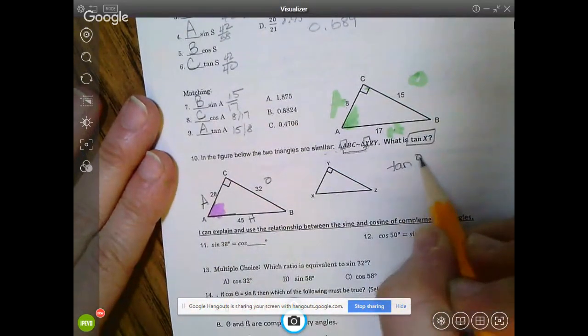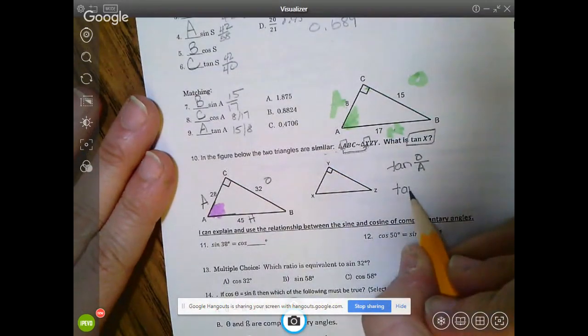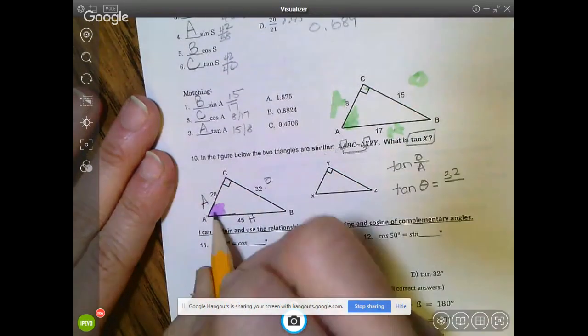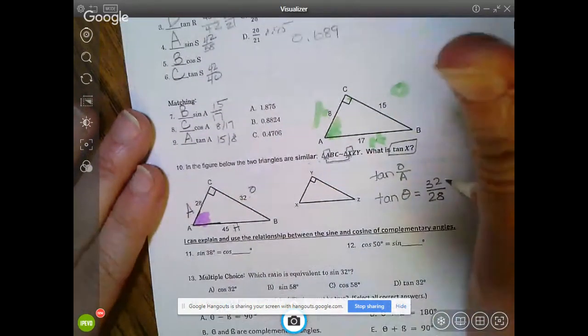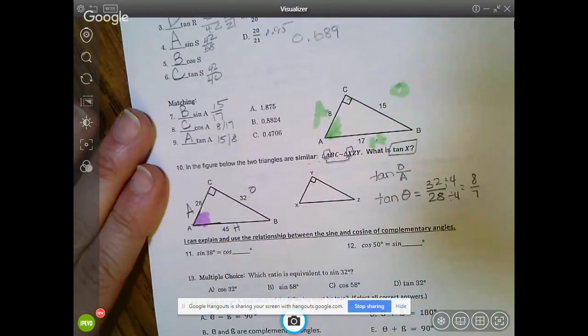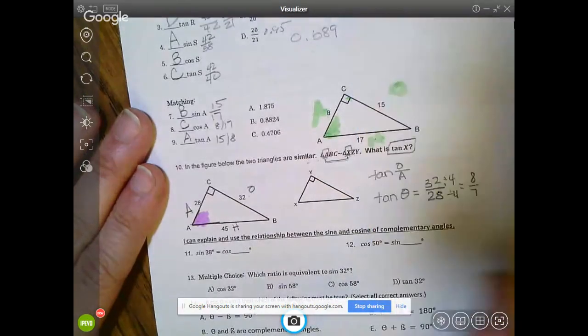Tan is opposite over adjacent. So I know that tan of theta, or tan X, equals my opposite, 32, over my adjacent, 28. You can't really leave it like that. You'd have to reduce the fraction, so you should get 8 over 7. Or you could have done 32 divided by 28 and gotten 1.14.